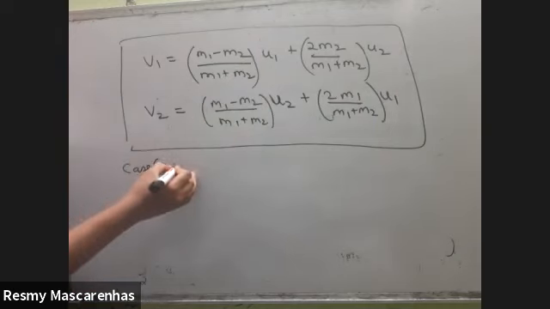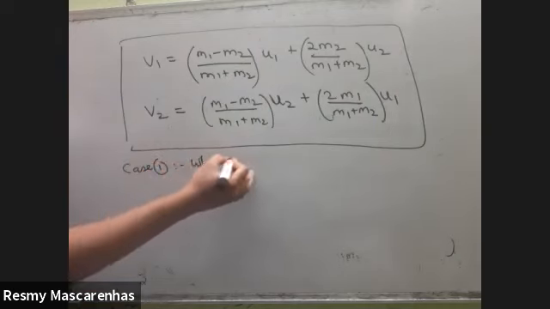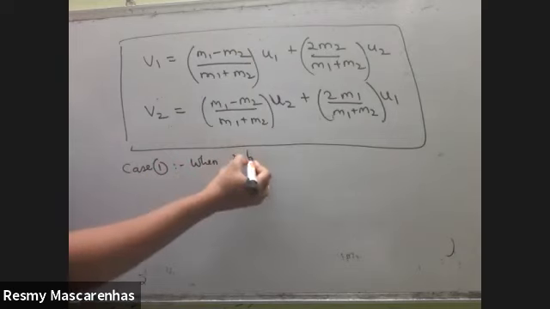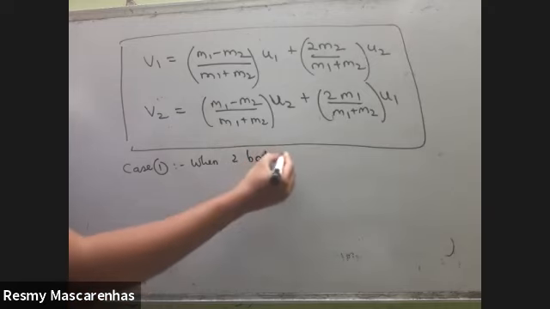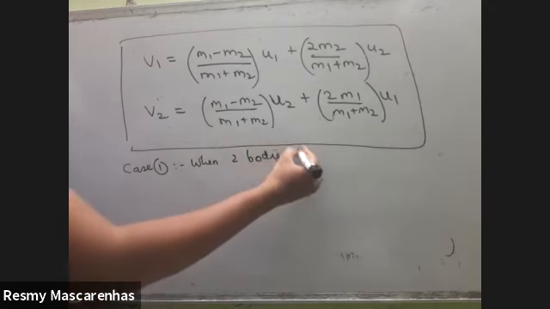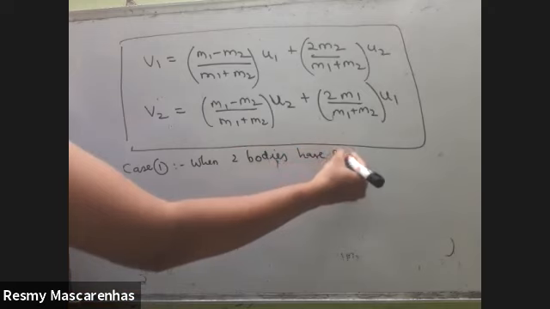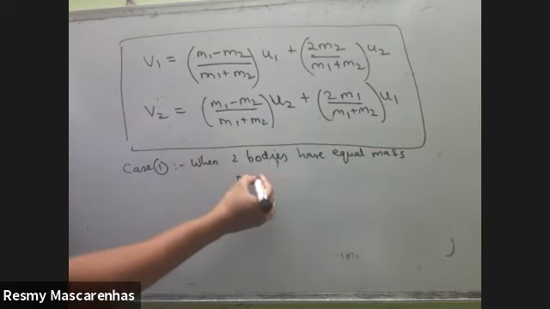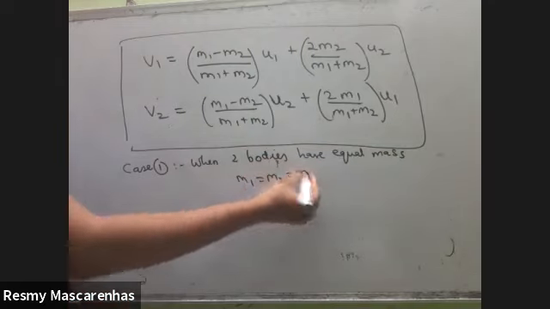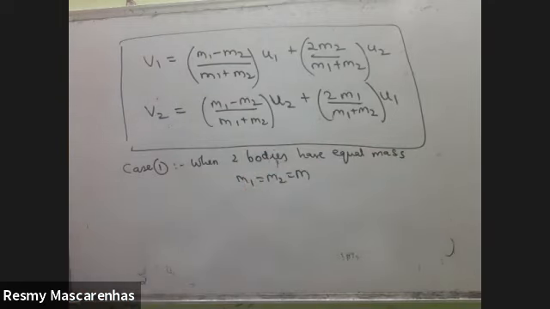So case one is when the two bodies have equal mass, if M1 is equal to M2. We'll take it as a common M then. So calculate in both cases what will be V1 and V2.